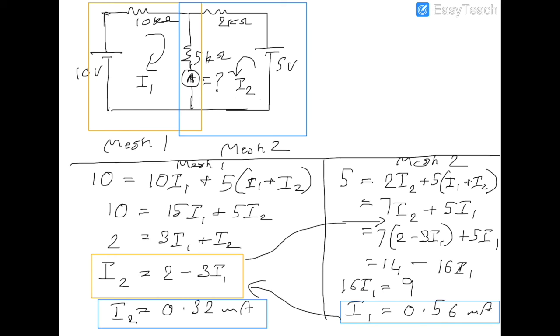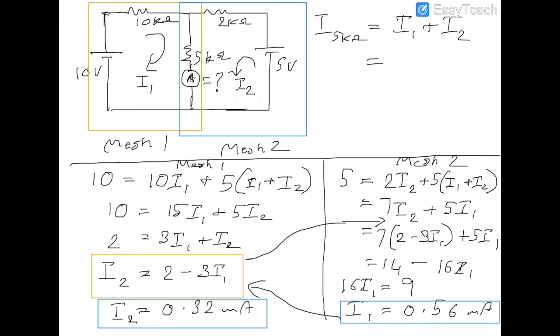To find the final answer, the question was, what is the current flowing through the 5 kilo ohm resistor? So we have I1 from our first mesh and we got I2 from our second mesh, and the current flowing through the 5 kilo ohm resistor is just going to be, I'm going to call it I. So this I through the 5 kilo ohm resistor is going to be I1 plus I2.